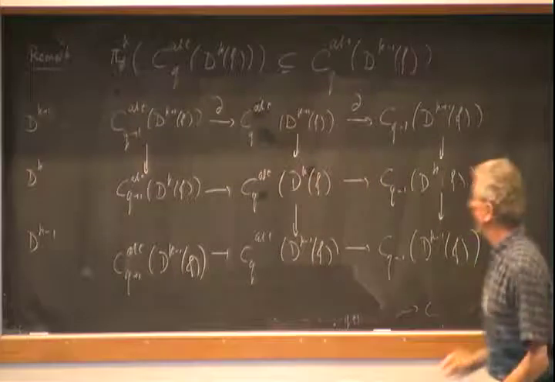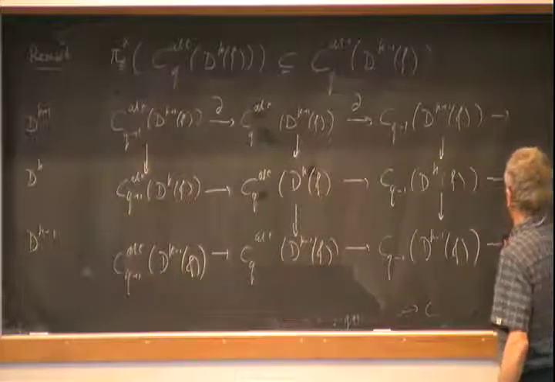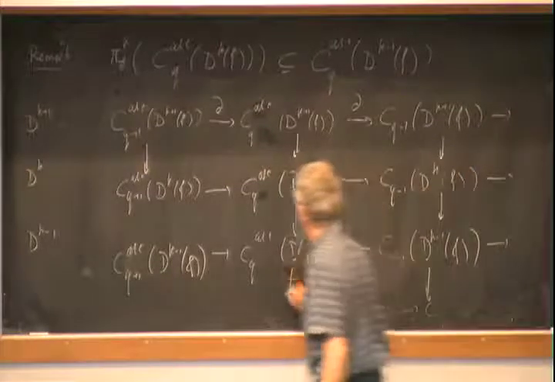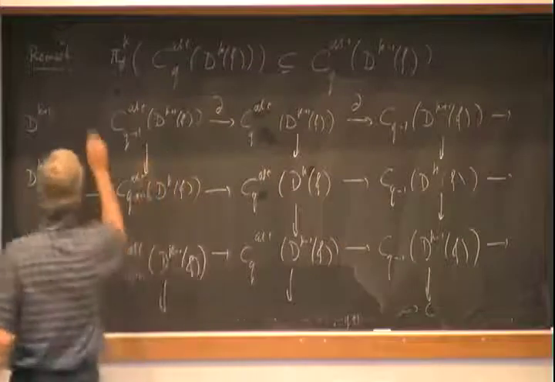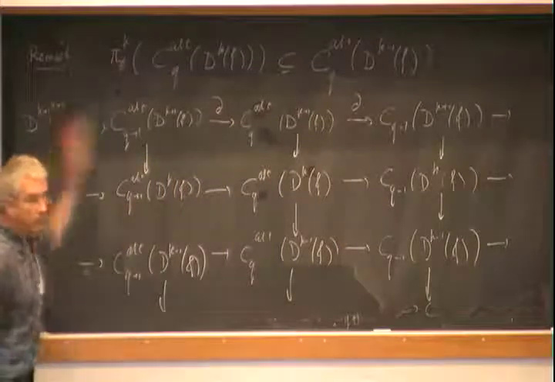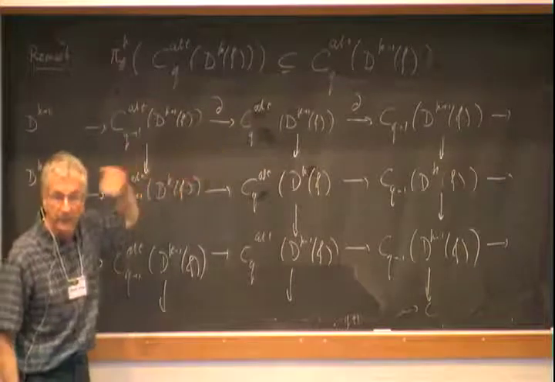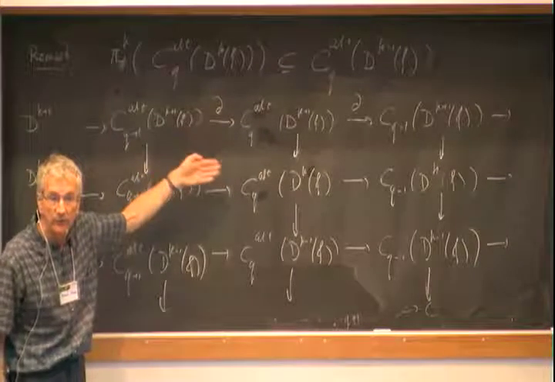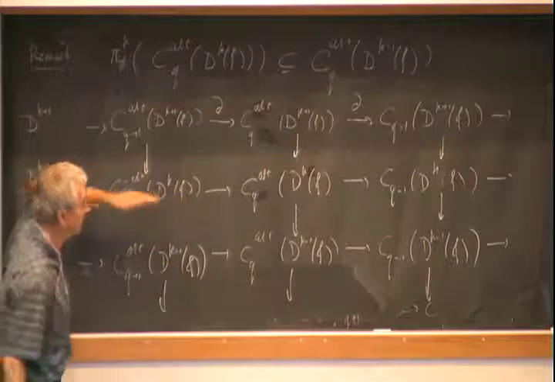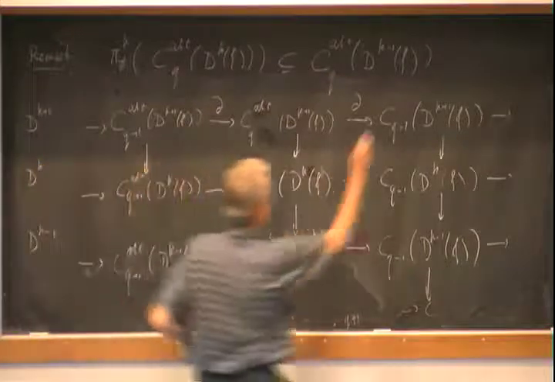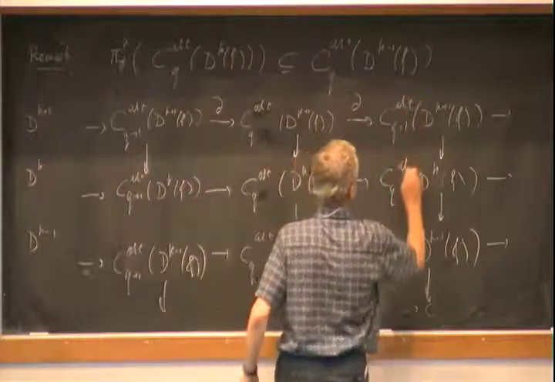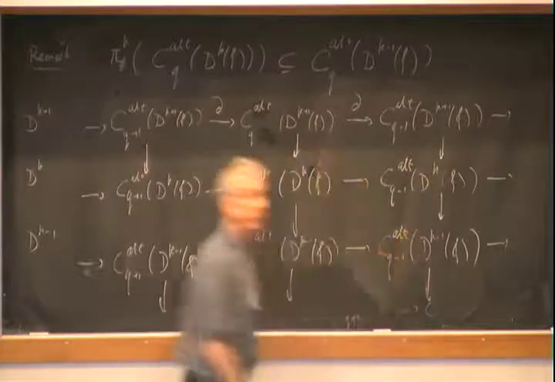But the important thing is we've got arrows going to the right and arrows going down. And we know from ordinary standard homology theory that the arrows going to the right make a complex. We have a chain complex. At each level, this is the alternating chain complex. If I take the composite of two arrows, I always get 0.